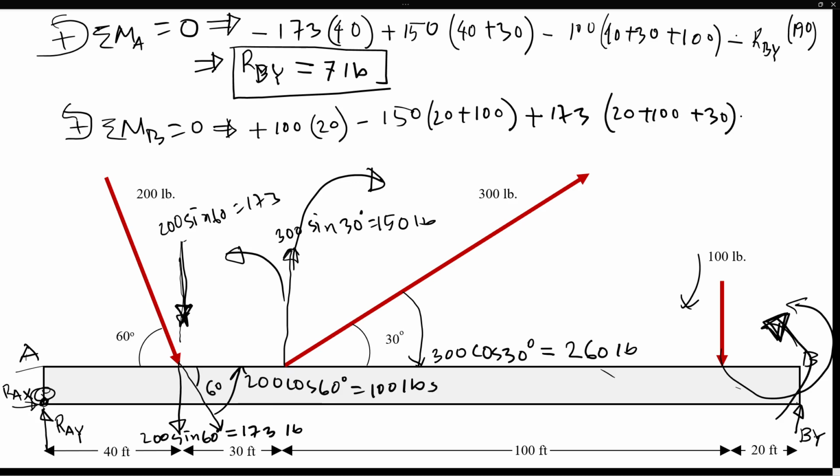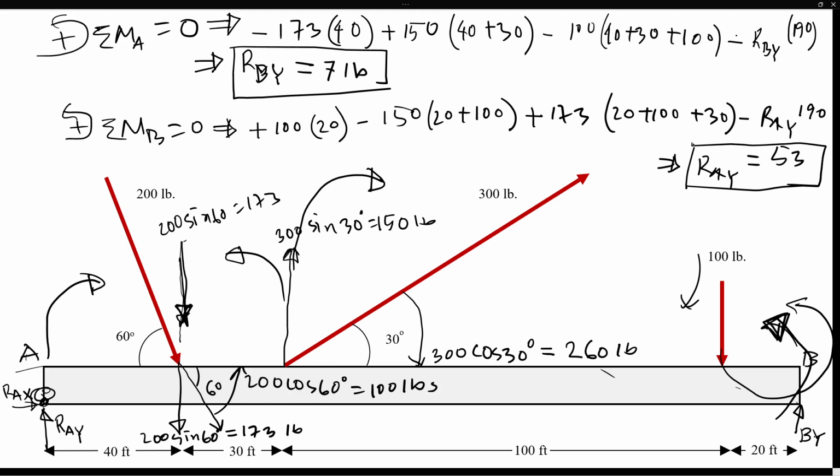And then we have this RAy, which will produce a clockwise moment with respect to B, so that's minus RAy times 190. If you solve for RAy, I found 53. So these are the two component reactions at point A and point B.